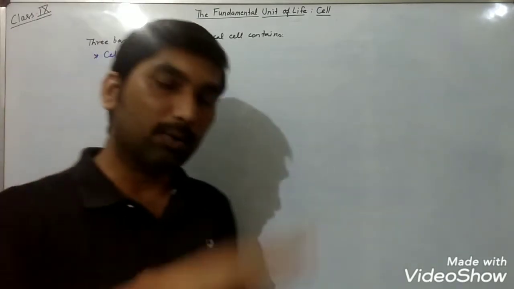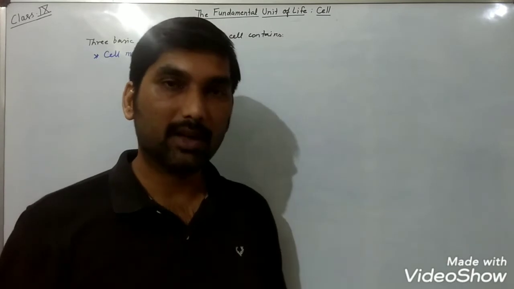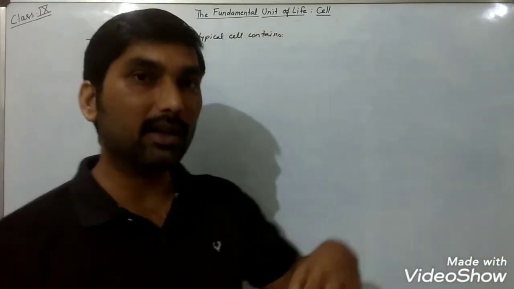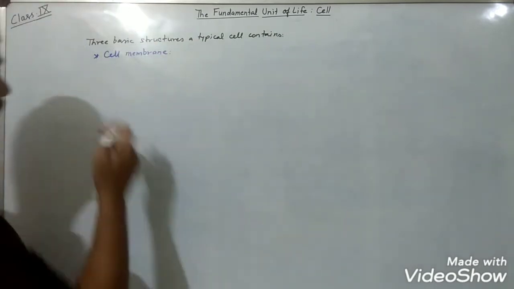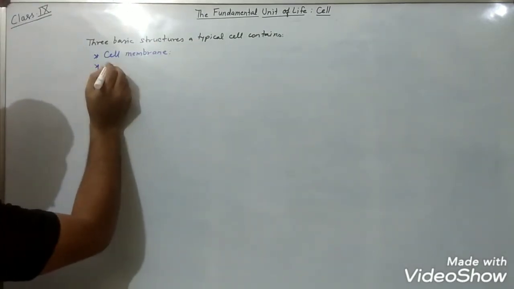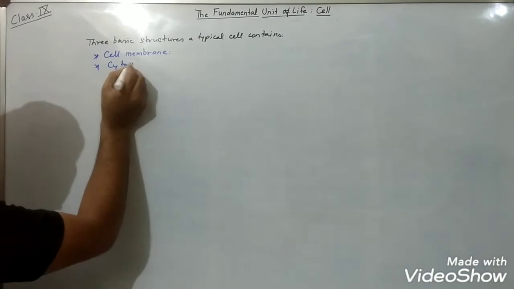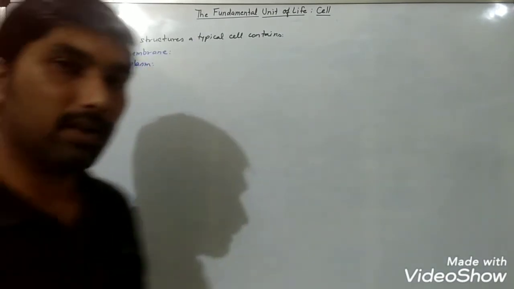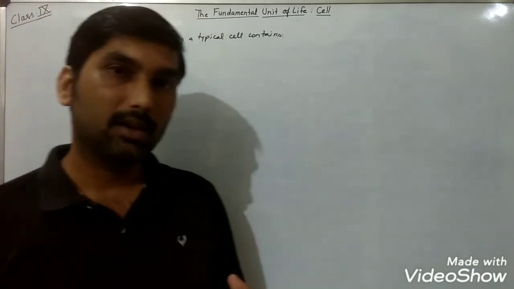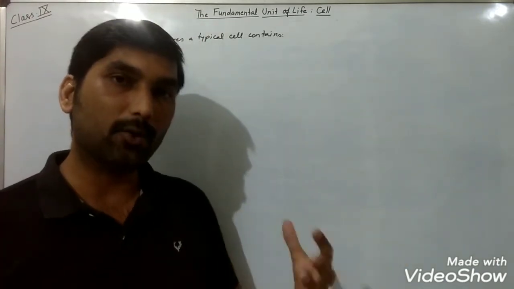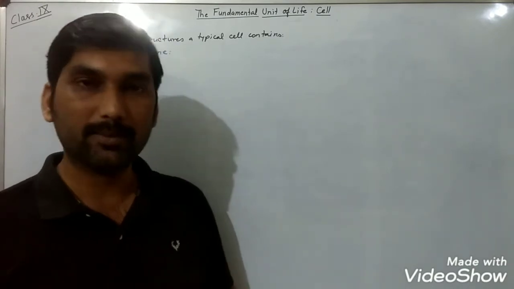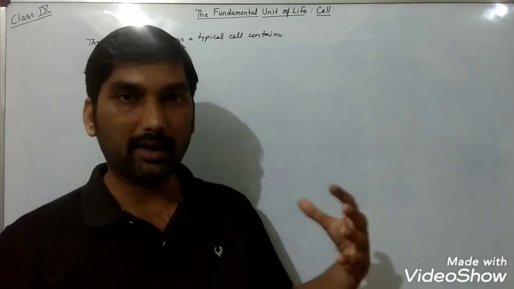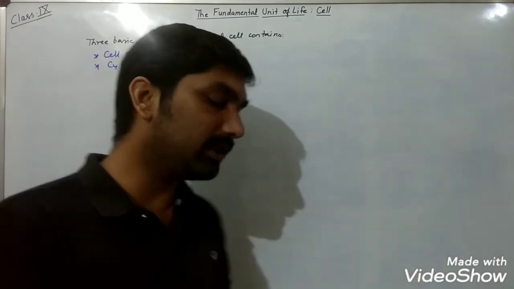It is the outermost layer of the cell that separates the external environment from the internal environment of the cell. The second one is known as what? Cytoplasm. Cytoplasm is the liquid part, the fluid part of the cell, which enables it to perform all the metabolic activities and helps in the transport of substances and excretion or absorption processes.